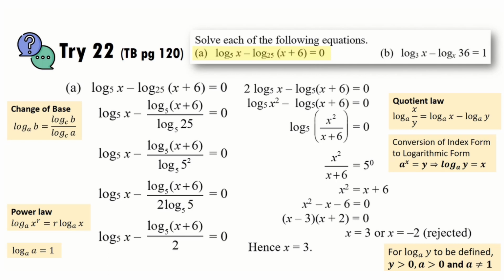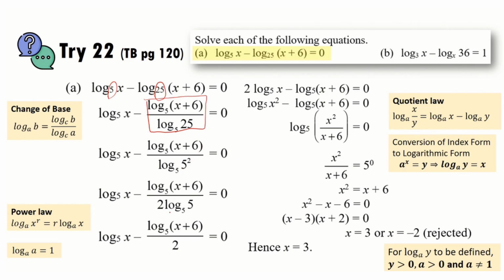Moving on to try 22 in your textbook, page 120, we would like to solve this logarithmic equation. What we will first observe is that the bases of the logarithm terms are actually different, so we have to make use of our change of base law to change everything to a base of 5 first. So the second term will be expressed in this manner, and then we see that 25 is equals to 5 squared.